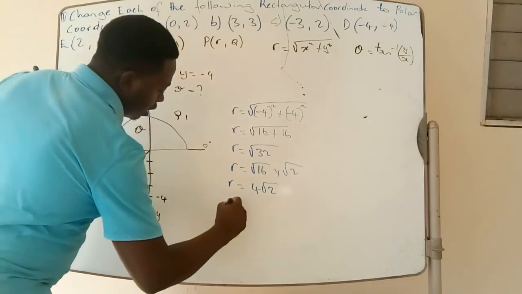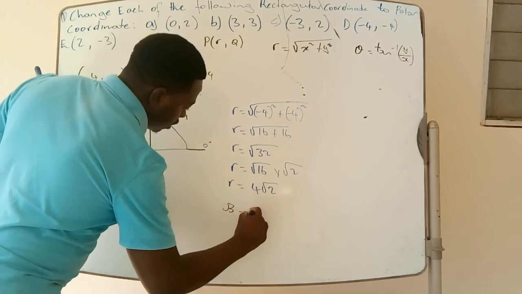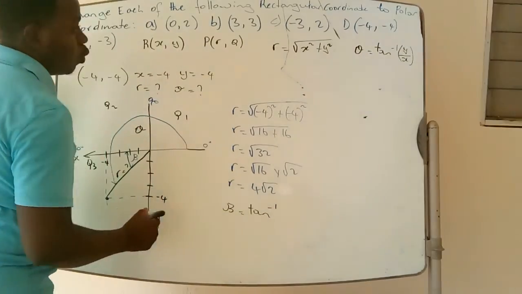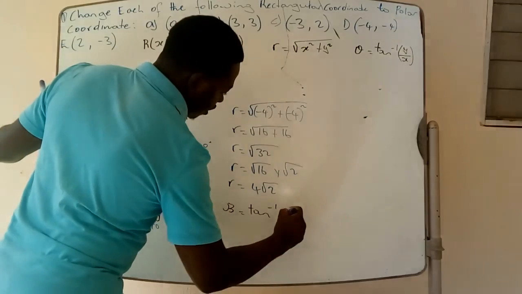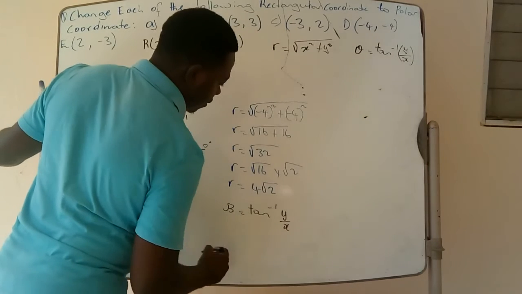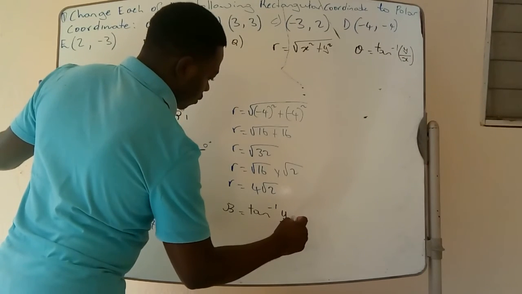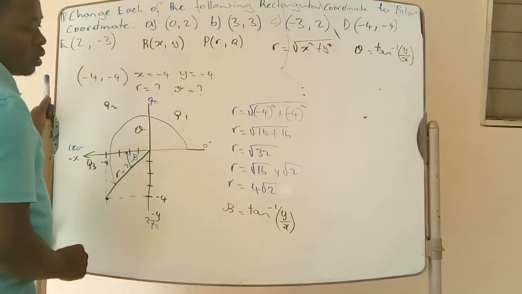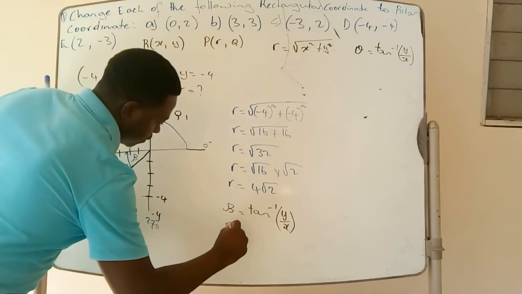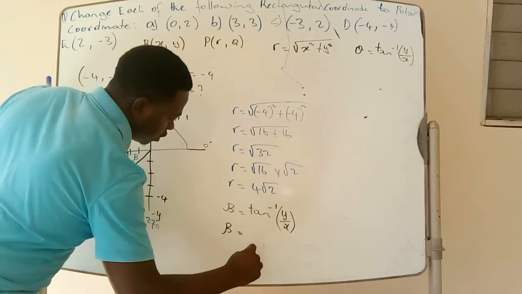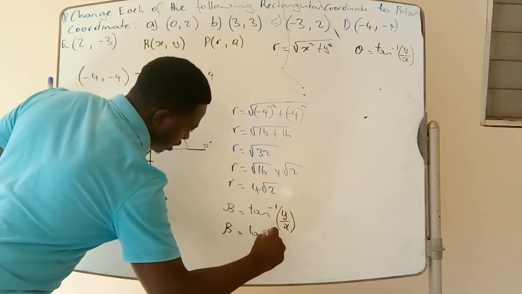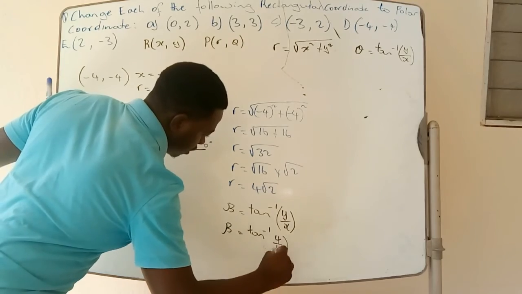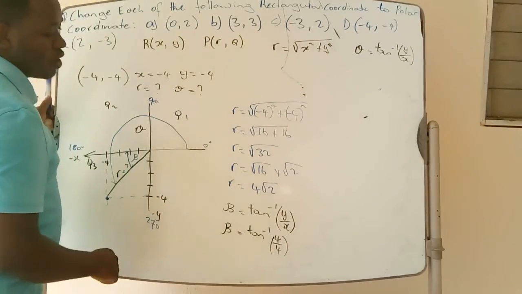So beta is equal to tan inverse of y over x. So beta is equal to tan inverse of 4 over 4, and 4 over 4 is just 1.